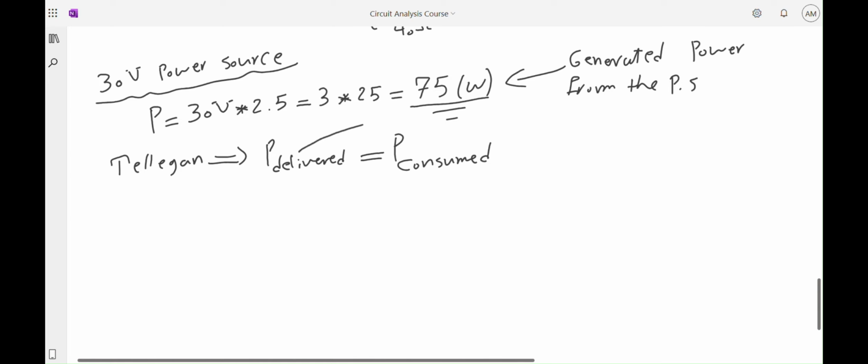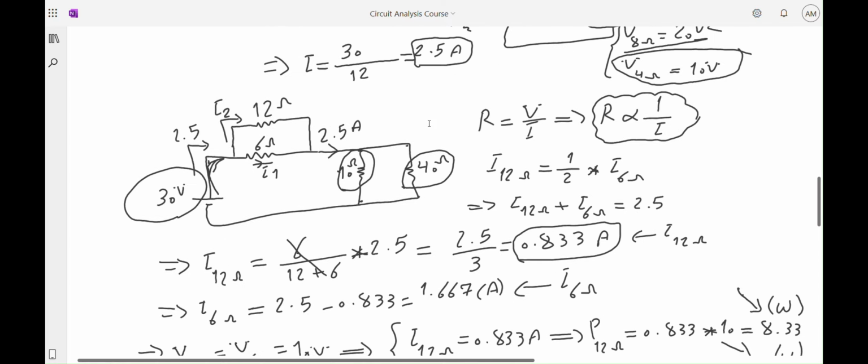So the power delivered is right here, 75 watt. The question is that, does 75 equal all the consumed powers? Let's just write them down one by one. I have 4 consumers, 12 ohm, 6 ohm, 10 ohm, and 40 ohm.